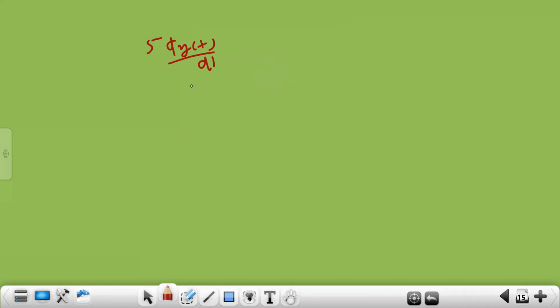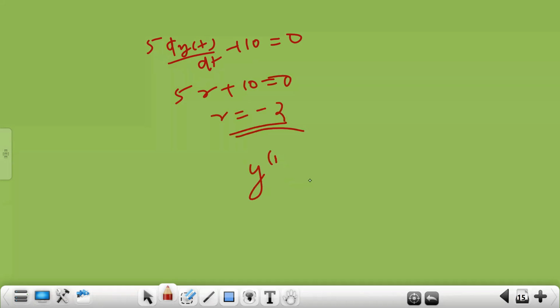So it will be 5r plus 10 equal to 0, r equal to minus 2. Based upon this, your natural response will be C1 e to the power minus 2t. Equation number 1. We are not going to find C1 as of now. We will keep hold. After finding the particular solution only, we are going to find this.